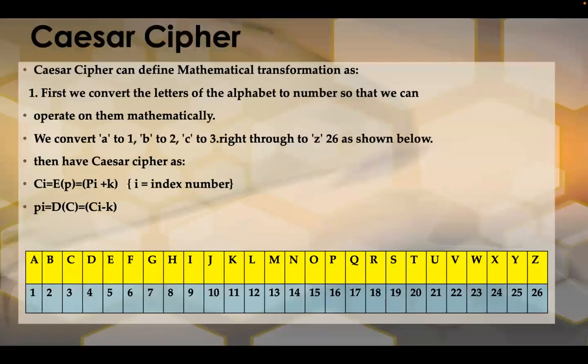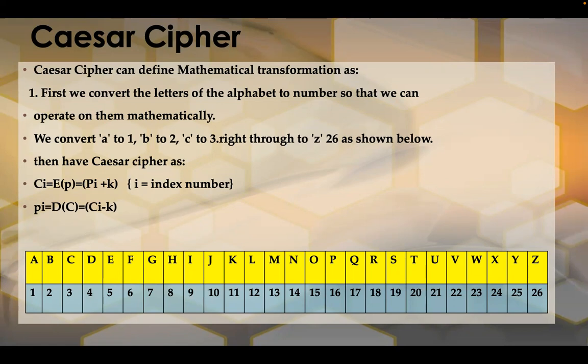Now, we will see more details about how we can represent Caesar cipher mathematically. For this, first we have to convert the letters of the alphabet to numbers so that we can operate on them mathematically.